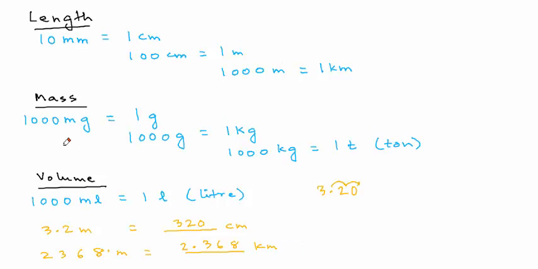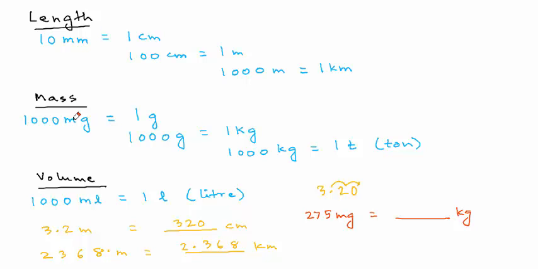Let's try one from mass. Let's say we want to change 275 milligrams to a certain number of kilograms. Now if you look where milligrams is and where kilograms is on this chart, you don't have a direct relationship between a milligram and a kilogram.